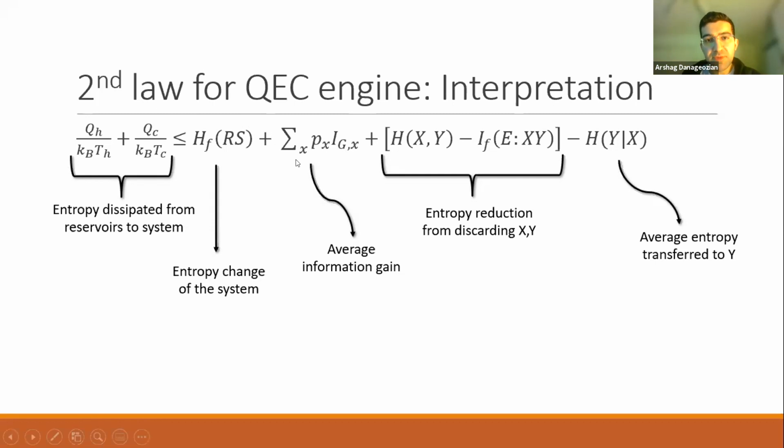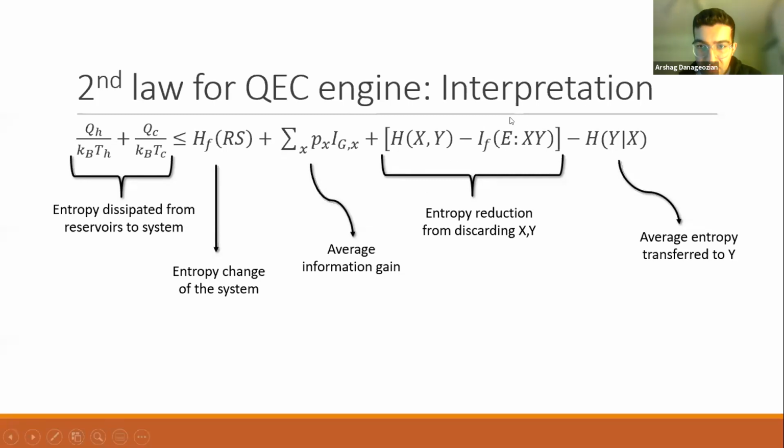This is the average information gain that we had through the measurement stage, the error measurement stage to be exact. The third term is an entropy reduction that you get when you discard the two classical registers, where IF is the final mutual information and E represents the engine, excluding the registers X and Y. So E is the system, the ancilla, the hot bath, and the cold bath.